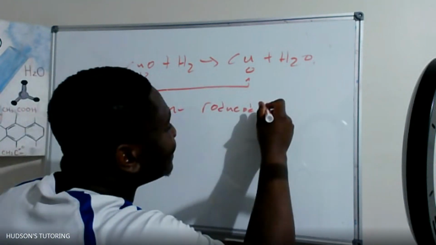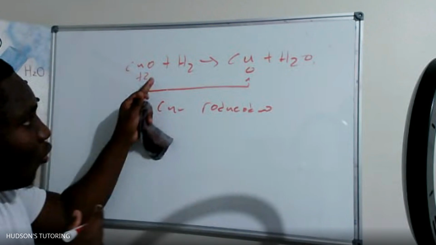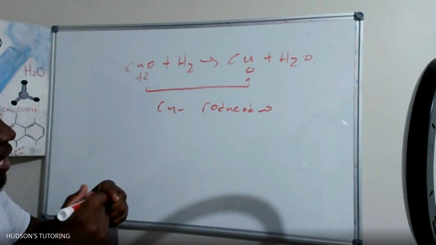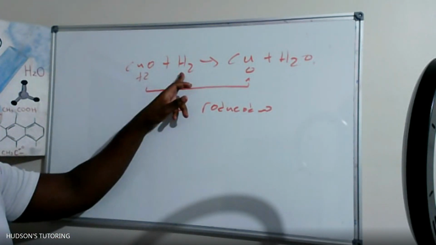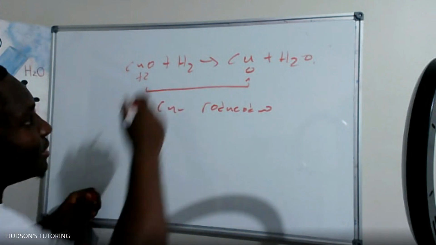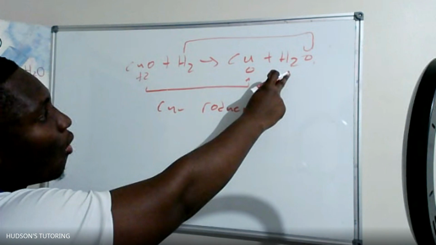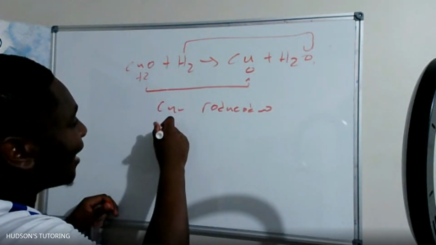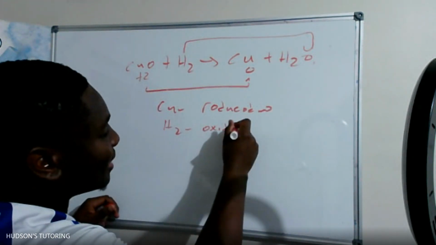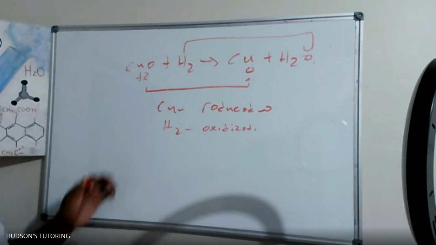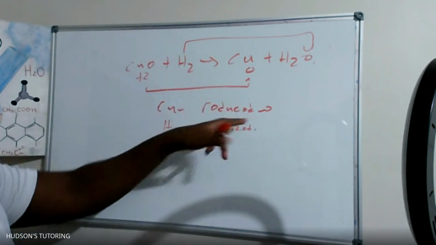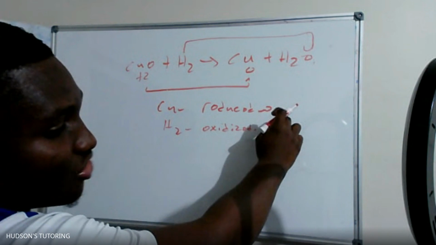Now, because copper is reduced, look what it causes with hydrogen. It causes hydrogen to be oxidized, right? So it causes hydrogen to gain oxygen to become water. So hydrogen is oxidized, hence we can define copper as being an oxidizing agent because itself is reduced.